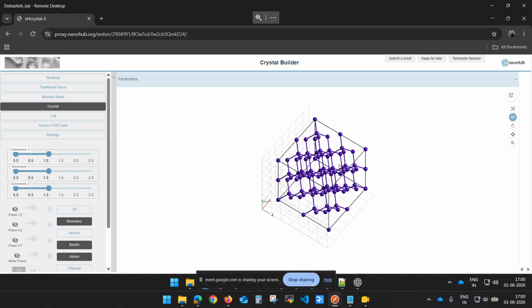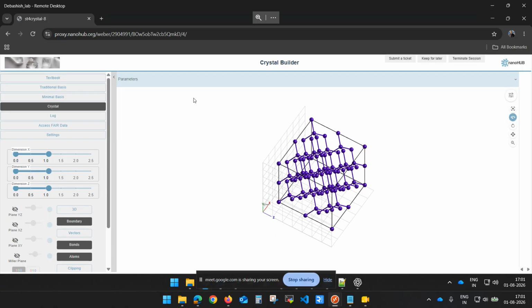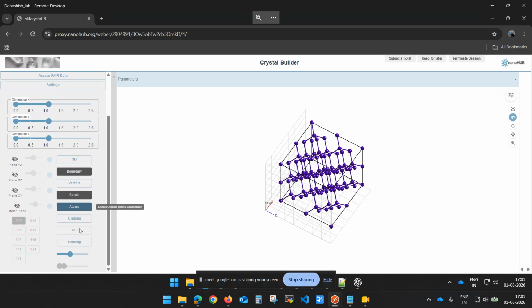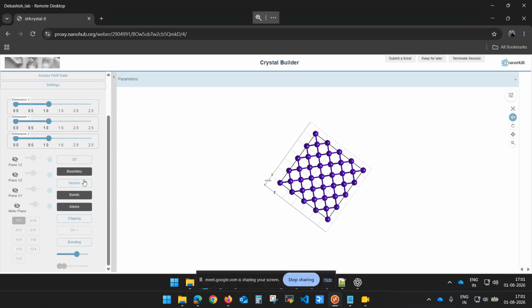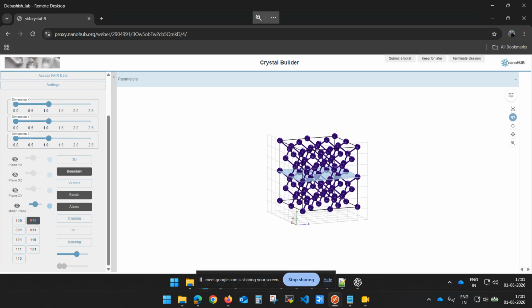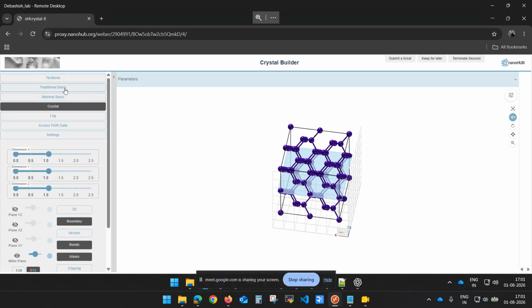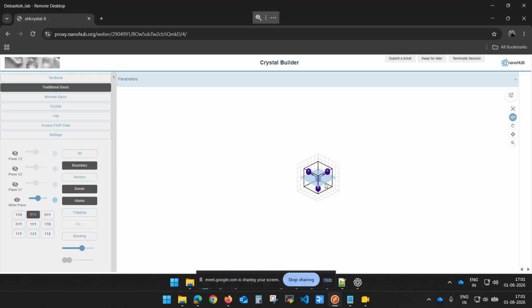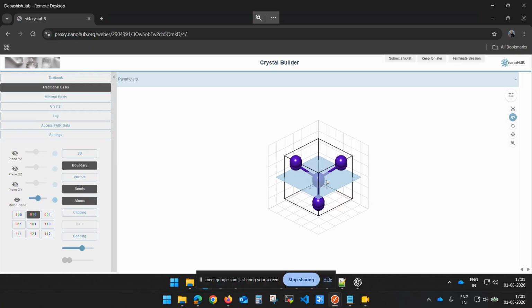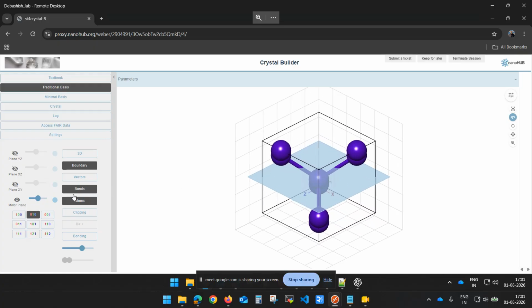So the moral of the story is to use this tool to get a feel for how the crystal looks. You can increase the size of the atoms. You can check for Miller planes and so on. You can turn on Miller planes, and you can see how many atoms are there for a particular Miller plane. For example, this is one Miller plane, 0 1 0.